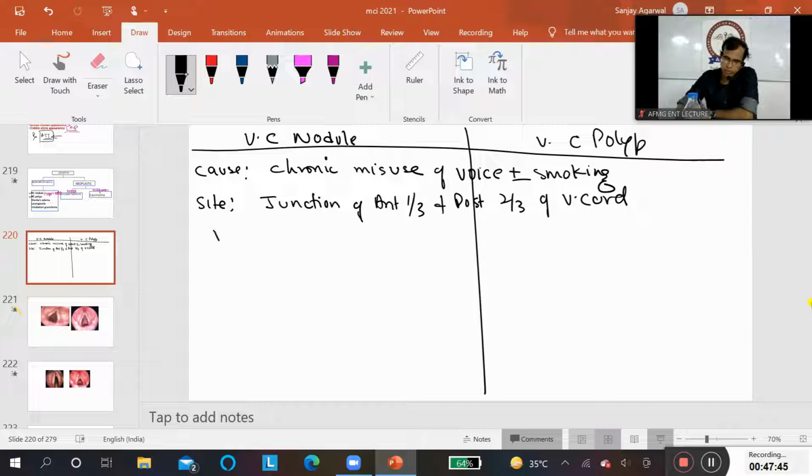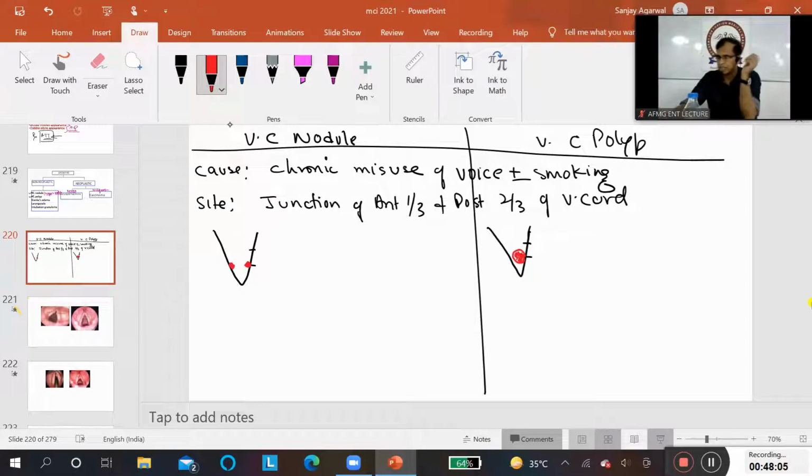Which means, if I draw the vocal cord like this and divide it into 3 equal parts, then nodule is seen here and here, and polyp is seen here. You see, the site is the same. Junction of anterior 1/3 and posterior 2/3 of the vocal cord. Very important this.